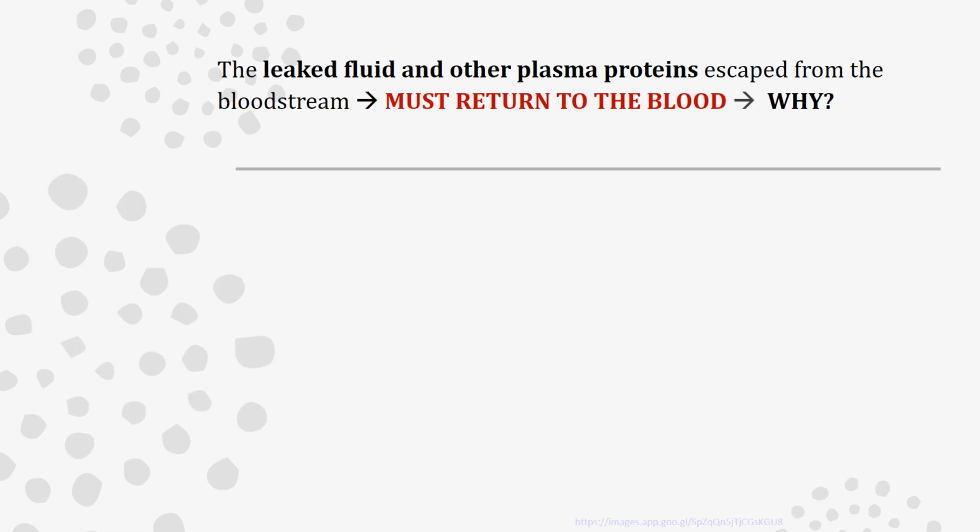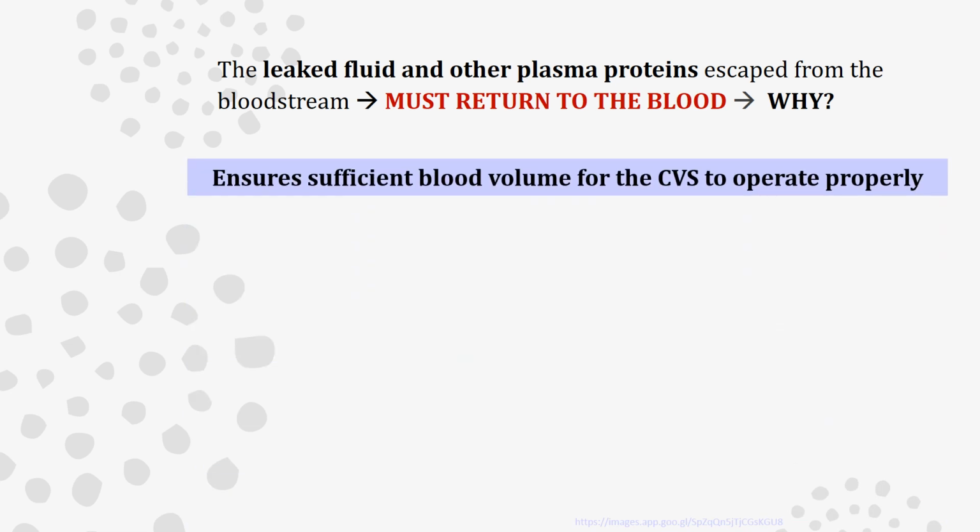So all this leaked fluid and other plasma proteins that have escaped from the bloodstream must be returned to blood. So why do we need to return all this leaked fluid to the blood? As you know, you only have about 4 to 5 liters of blood. If in a day 3 liters of fluid from your plasma becomes your interstitial fluid, then how much blood volume are you going to have?